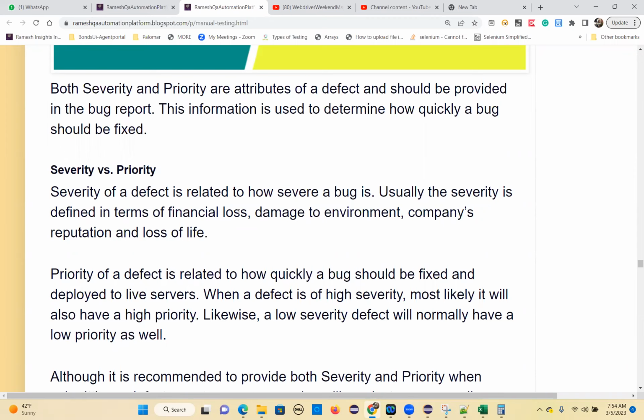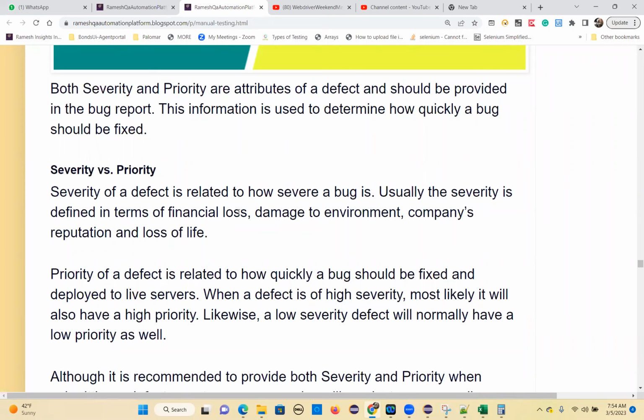That's severity. You can simply say it is the defect which causes the most damage to the application or loss to the business, or how much functionality is broken or affected due to this bug. That's how you will give a severity.